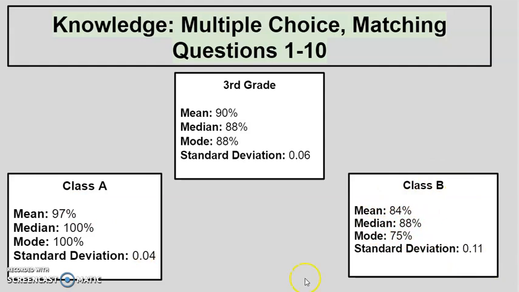Class A's average of 97 and a smaller standard deviation indicates a high mastery of measuring matter at the knowledge level on Bloom's taxonomy. Class B's average of 84 with a greater standard deviation appears to show a lower level of mastery of measuring matter knowledge compared to the average of Class A.